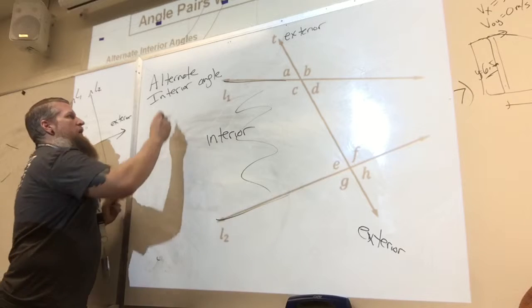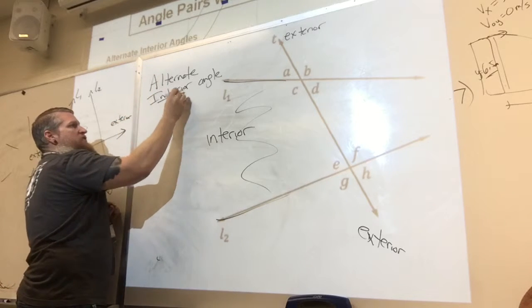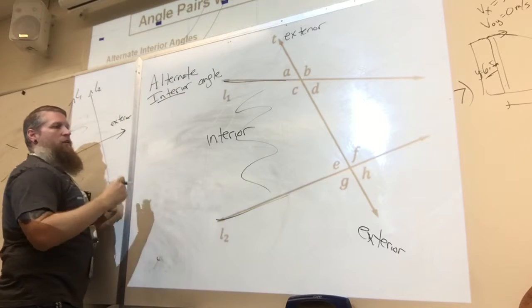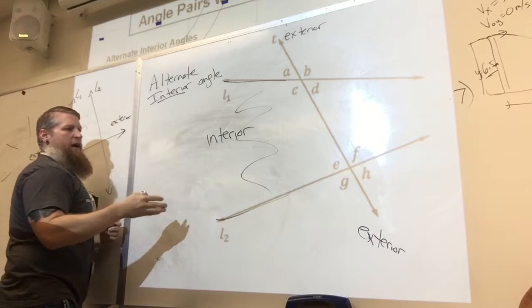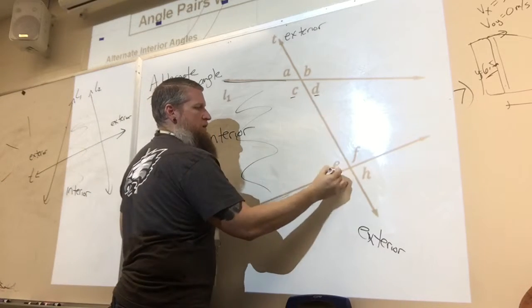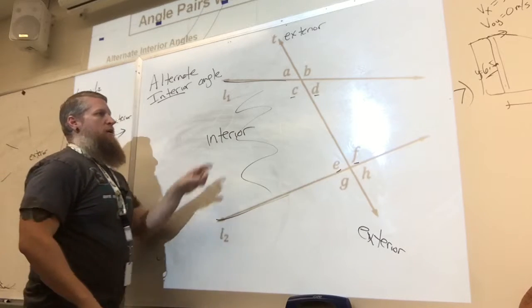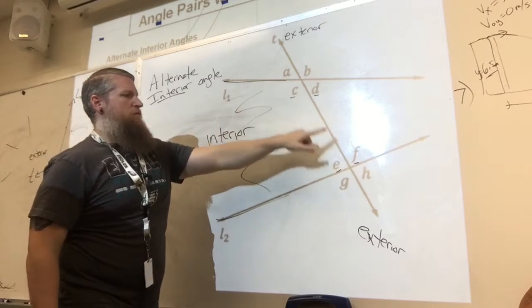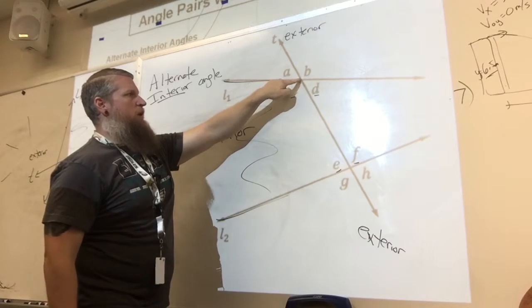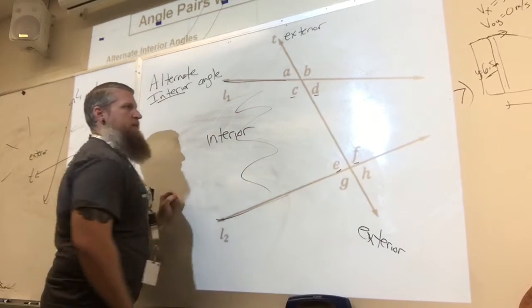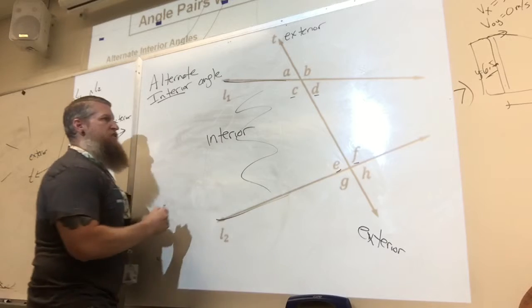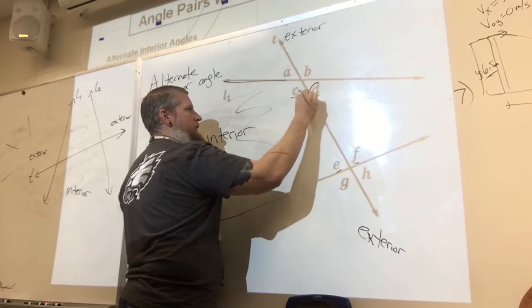For the first name, it has the word interior in it, so that means I can only look at the 4 interior angles, which are C, D, E, and F. So I'm going to match up either C or D with E or F. Again, I'm picking one up here, and matching it up with one down there. Let's say, do you want to start with C or D? D, fine.